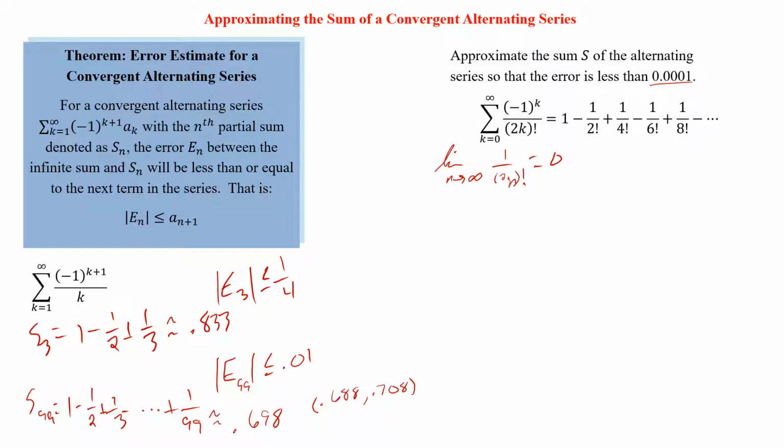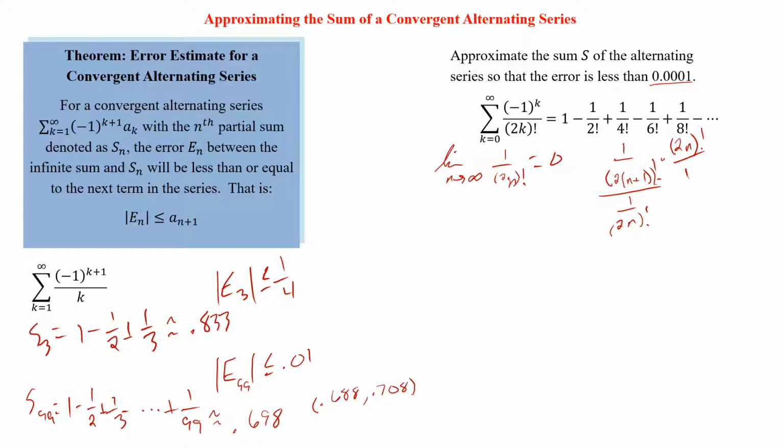We're going to have 1 over 2n plus 1 factorial over 1 over 2n factorial, which we can move 2n factorial on the top over 1. We can distribute this.